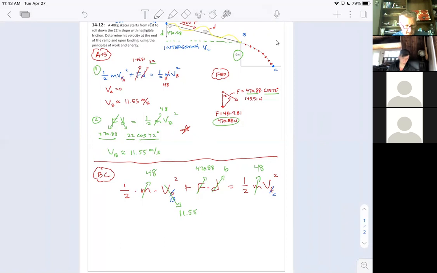Multiply 2 away, divide 48 away. And just to record something here, then I get the velocity at C squared is 251.12. So velocity at C when I square root both sides is 15.85. And in this case, because everything was metric, it's meters per second.